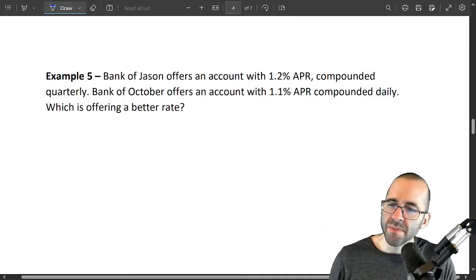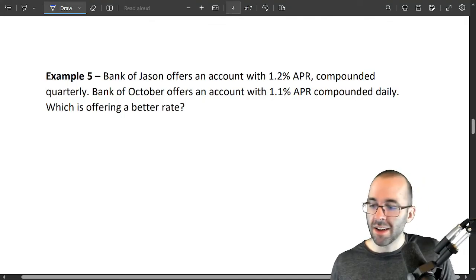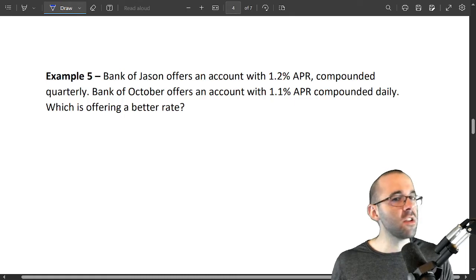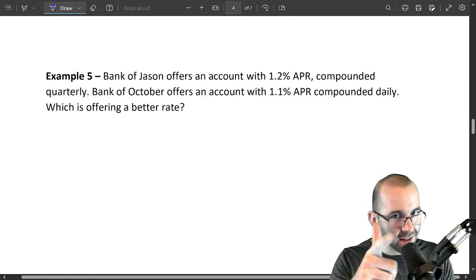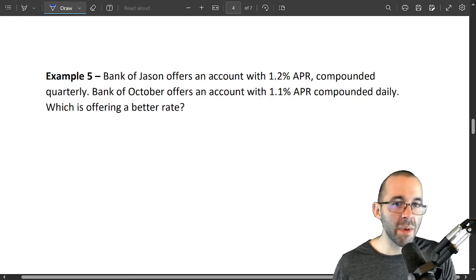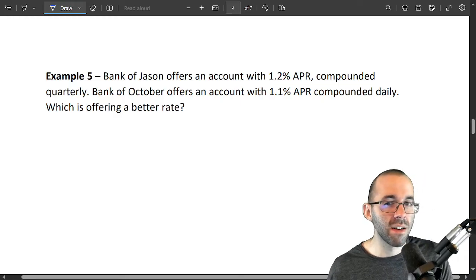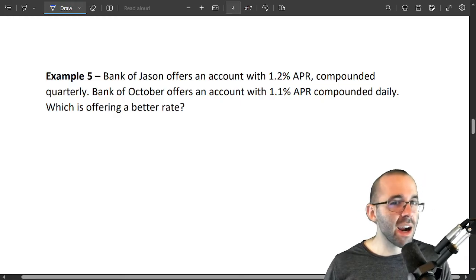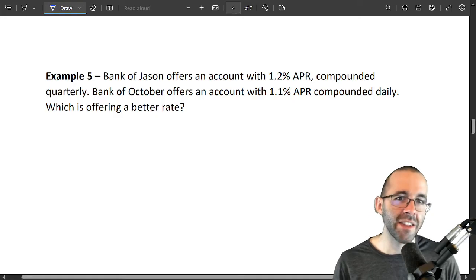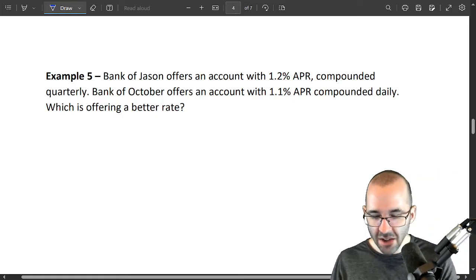But remember the CEO of Bank of October. Remember that the more often you compound, the more money you make. So it's compounding more often. Is it good enough? Is Bank of October actually the better offer? Let's find the APYs.